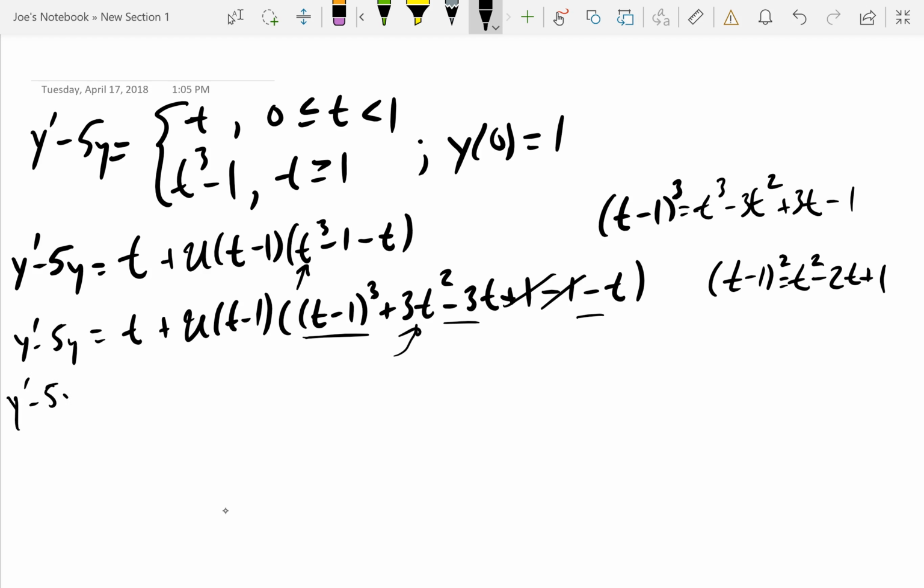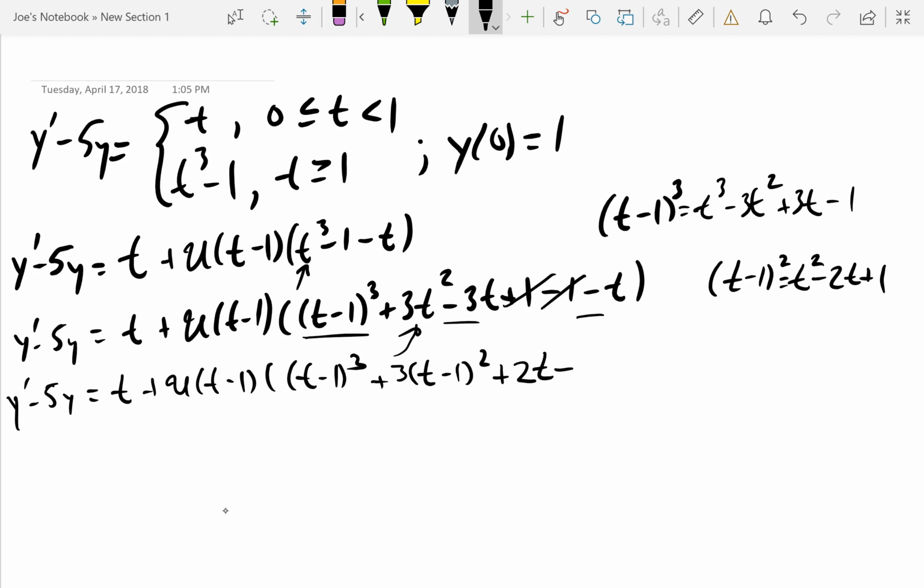So if we go to the next line, we would have t minus 1 cubed plus 3 times t minus 1 squared. To keep everything equal, I've got to add back the 2t and subtract the 1. And I still have the minus 4t here on the end, the 4t, of course, coming from the negative 3t and the minus t.